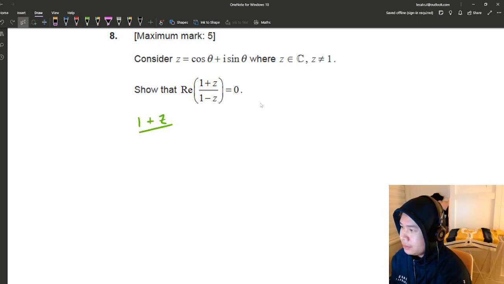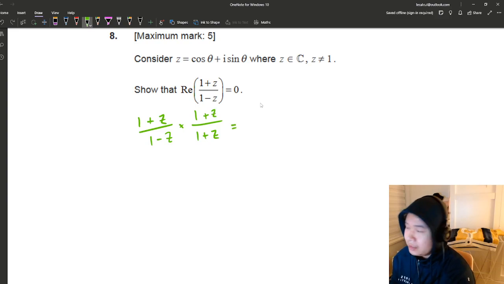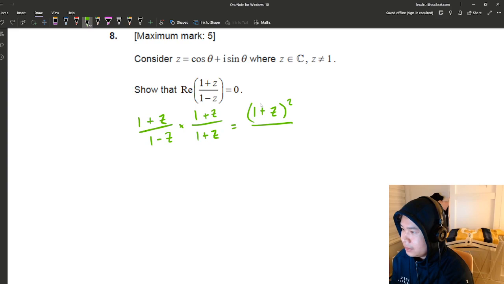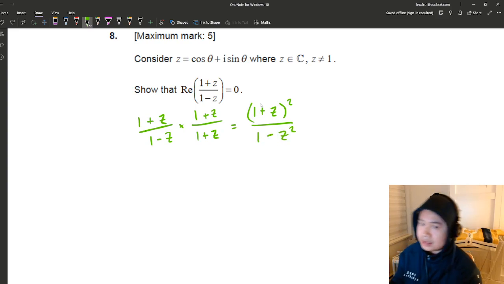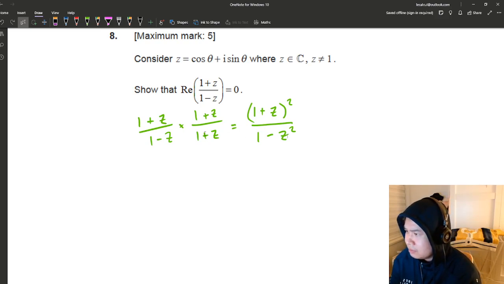As you know from how to divide by complex numbers, or at least hopefully you know, we're going to multiply this by the conjugate to make sure that our denominator is not going to be complex. So then we'll have 1 plus z squared over 1 minus z squared, because now this is a difference of squares. At least I think that's how it works.